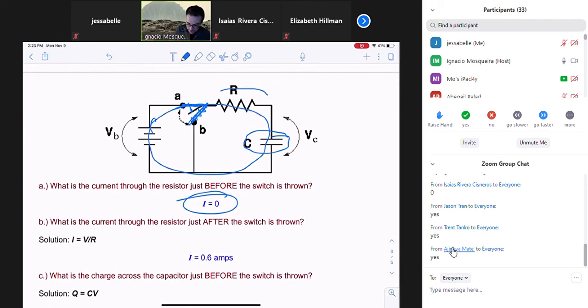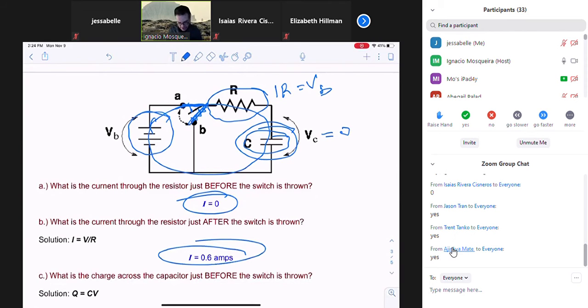Whatever the voltage is here must be equal to here, because the capacitor is fully discharged. So right after you close it, you must have IR equals VB because VC equals 0. And so you can find what the current is.